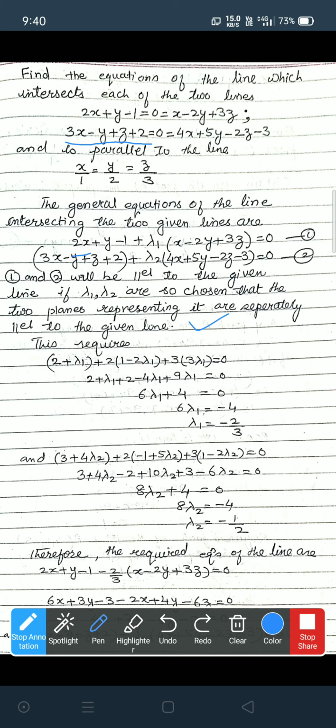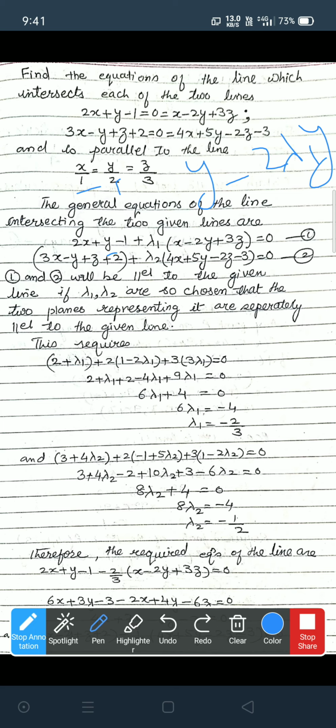Here the coefficient of x is 2x plus lambda 1 x. So if x is common, the coefficient of x is 2 plus lambda 1. So this is 1 into 2 plus lambda 1, plus 2 into the coefficient of y: y minus 2 lambda 1 y.